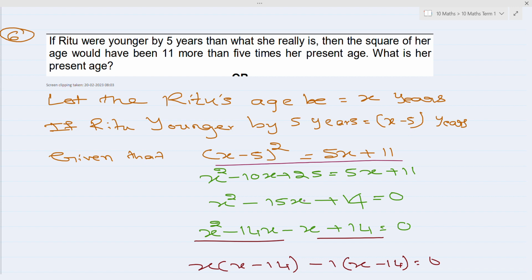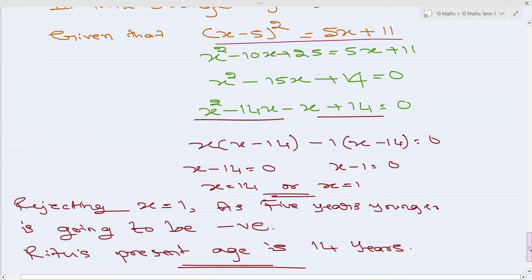After that, opening the brackets will give us a quadratic equation x square minus 15x plus 14 is equal to 0. I'm factorizing by splitting the middle term. When I multiply, I should get 14, and when I add, I should get minus 15. So minus 14x and minus x are the factors. Grouping will give us x bracket x minus 14 minus 1 bracket x minus 14.